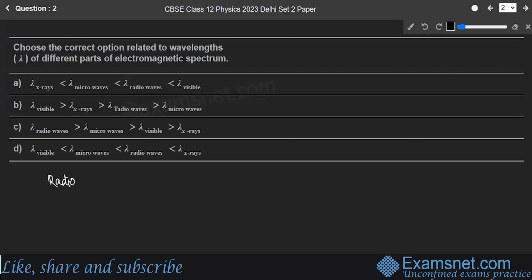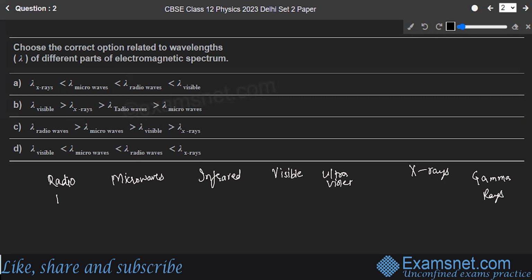First, you have the radio waves, then the microwaves, infrared, visible, ultraviolet, X-rays, and gamma rays. So all these are rays.